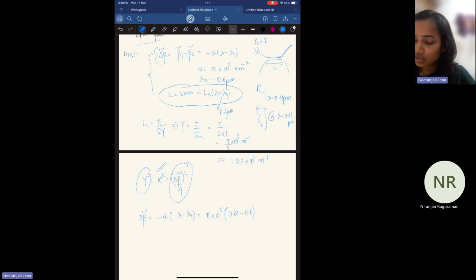While calculating, please remember whatever unit you want to take. I have already calculated it in meter inverse, so let us calculate here also.